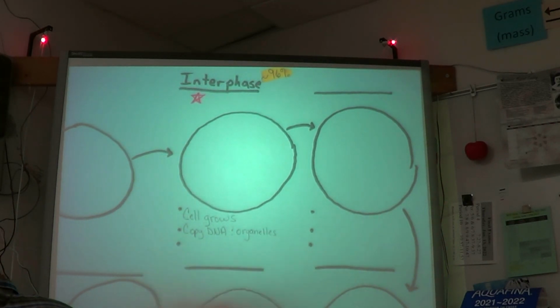So what does a muscle cell do during interphase? Grows. Okay. What about a nerve cell? What does a nerve cell do during interphase? Senses. No, the cell itself isn't going to replicate during interphase.